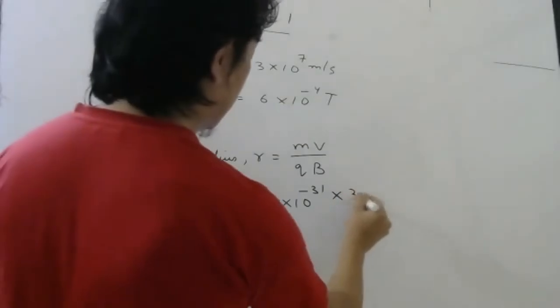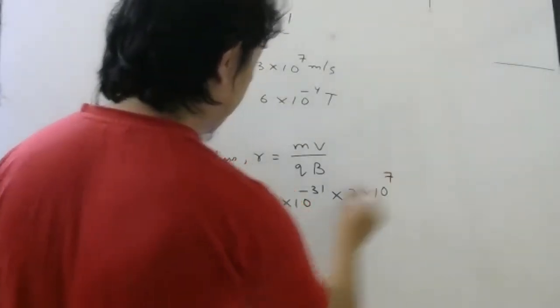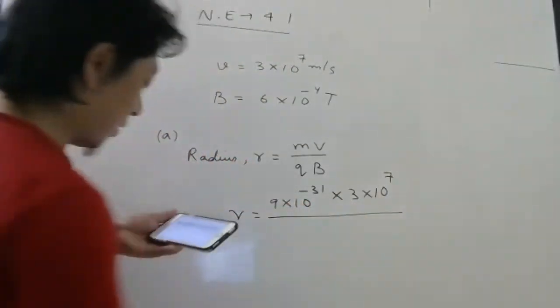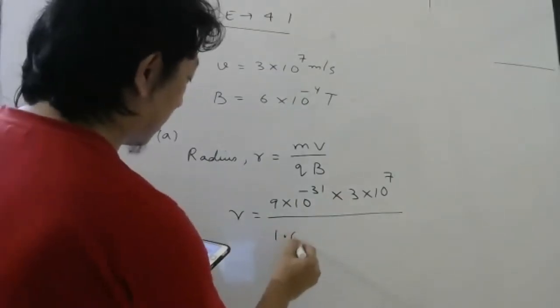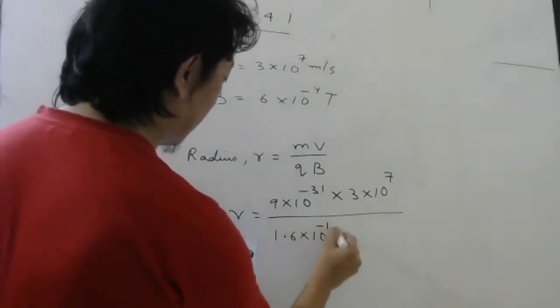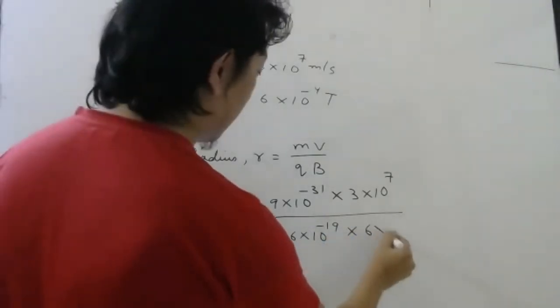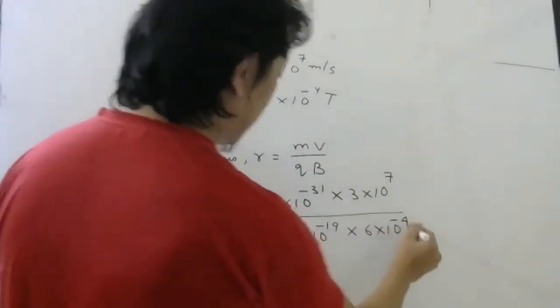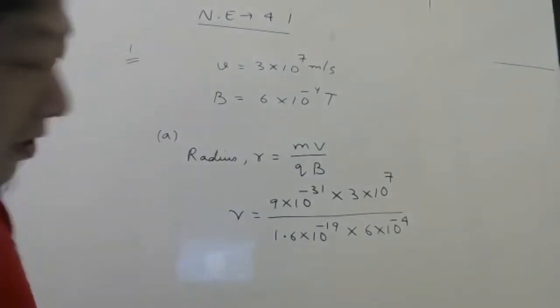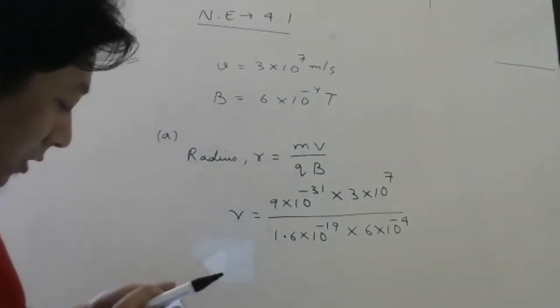Speed is 3 into 10 power 7. Charge of electron magnitude is 1.6 into 10 power minus 19. And magnetic field is 6 into 10 power minus 4 Tesla. Tesla was the unit. Okay, so please calculate this.